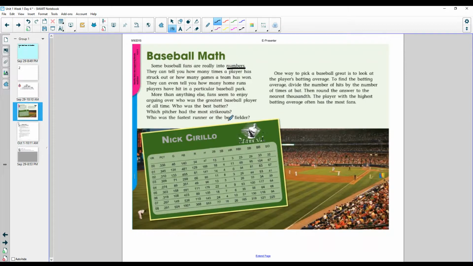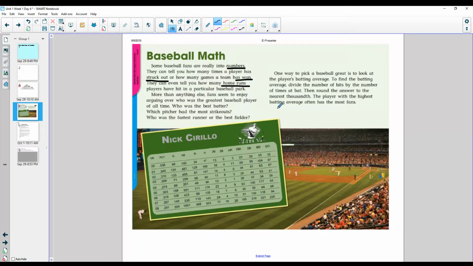I see numbers right here. They can tell how many times a player has struck out or how many games a team has won. They can even tell you how many home runs players have hit in a particular baseball park. More than anything else, fans seem to enjoy arguing over who was the greatest baseball player of all time.